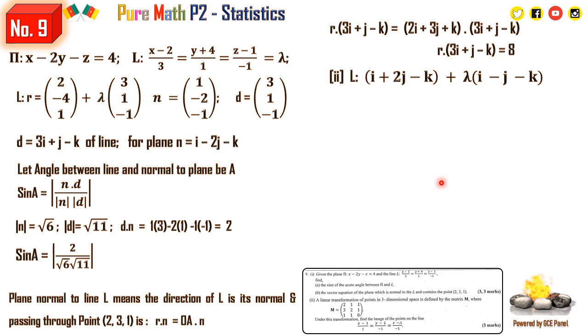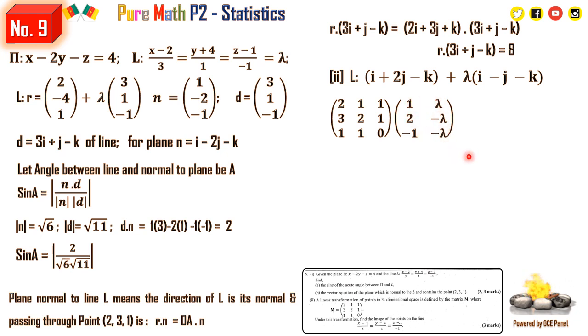So how do you find the image of a line? We can just pre-multiply the line by the matrix of transformation. So in this case, this is the matrix of transformation, and this is the line. So we have 1, 2, minus 1, and for the lambda values, we have lambda, minus lambda, minus lambda.